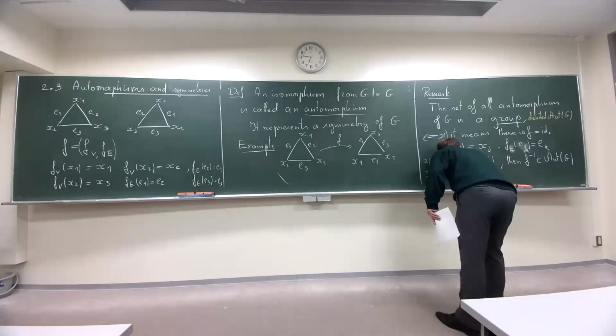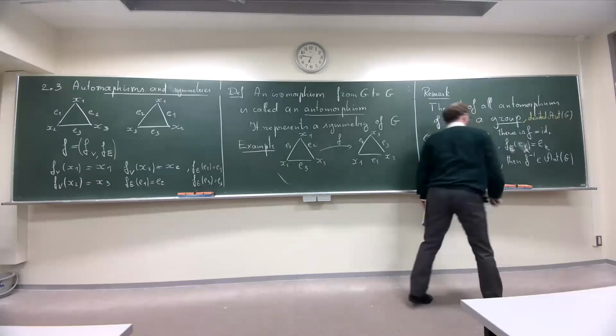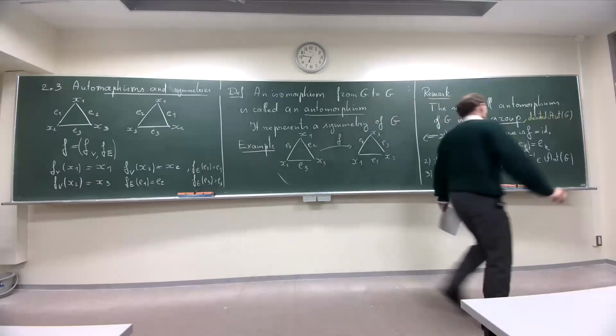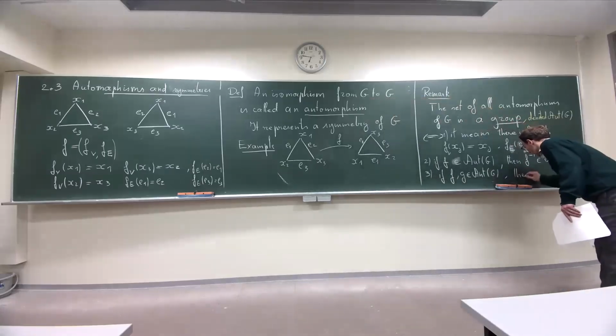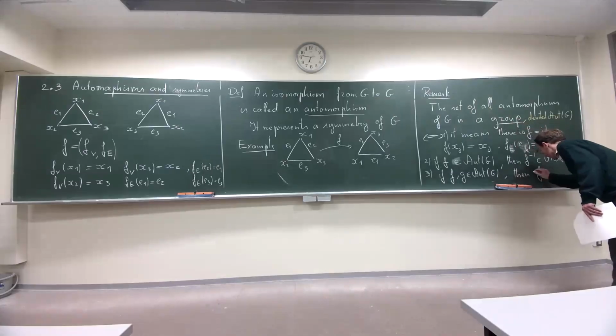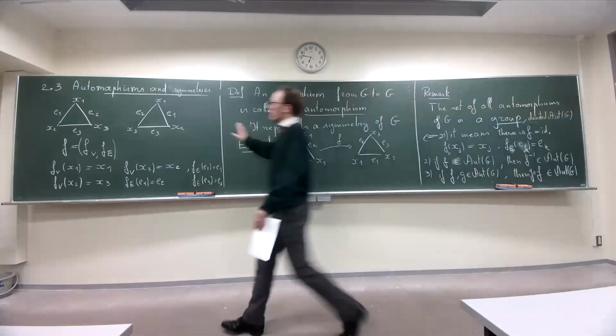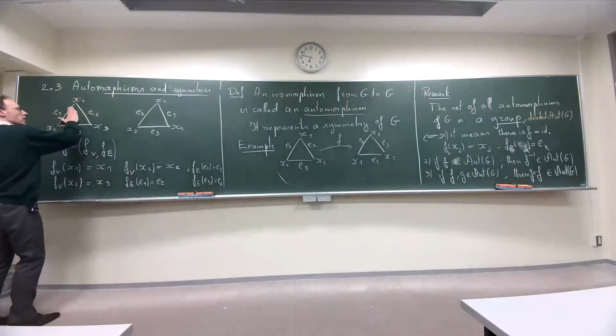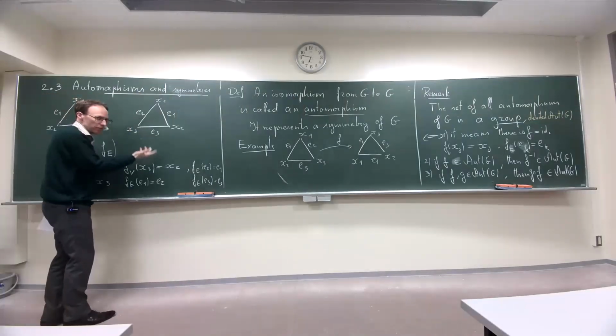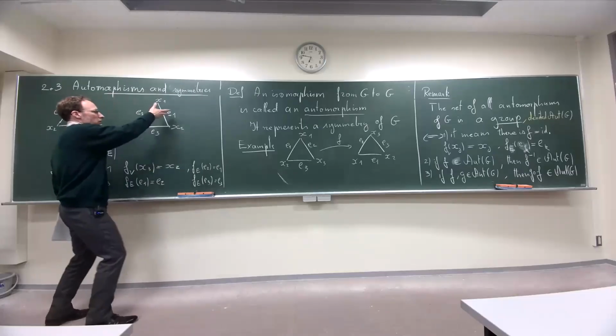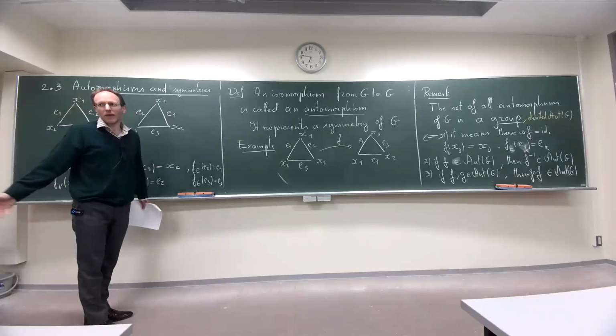And the third condition: so you have existence of identity, existence of inverse, and if f and g belong to Aut of G, then the composition f and then g is also an element of Aut of G. What does it mean? If you first do this mirror symmetry, and then with the result you do a rotation, you get the same picture.